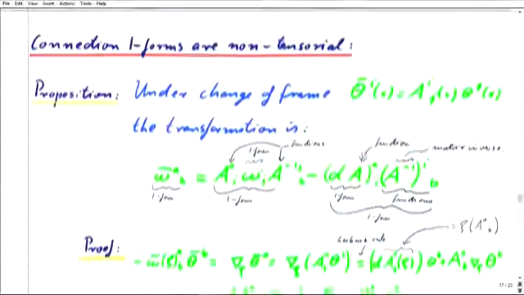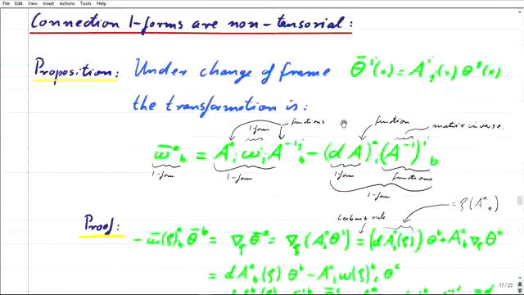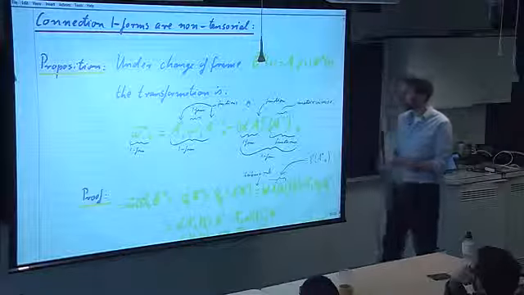Okay. Now, the connection one forms are not tensorial, because the Christoffel symbols are not tensors to start with. So how do they transform? Now, they don't transform at all if you change coordinates. They transform if you change bases in the tangent and cotangent spaces.